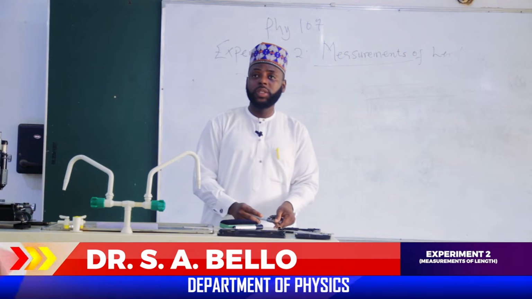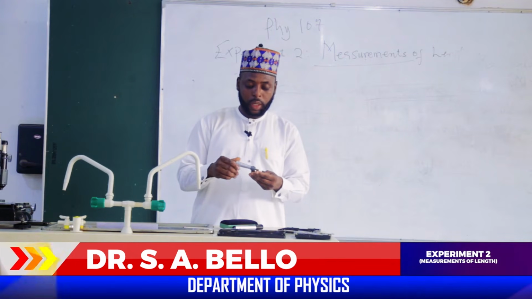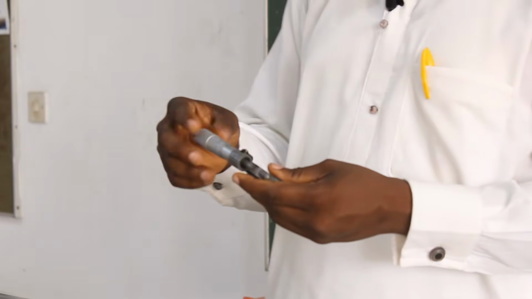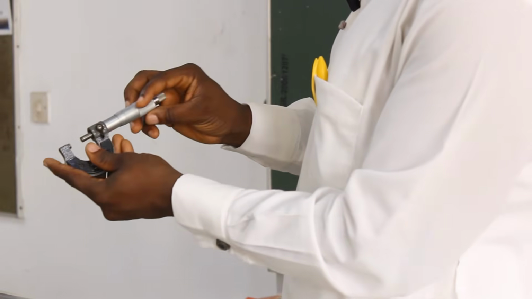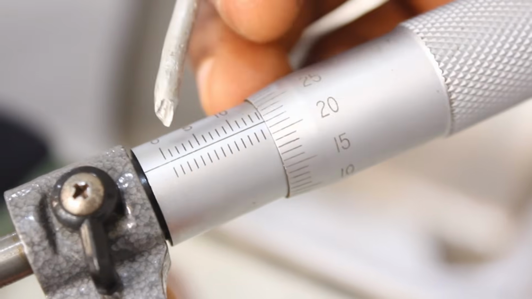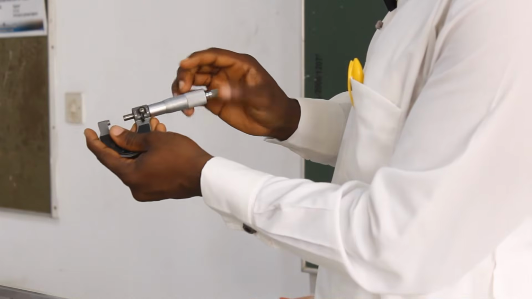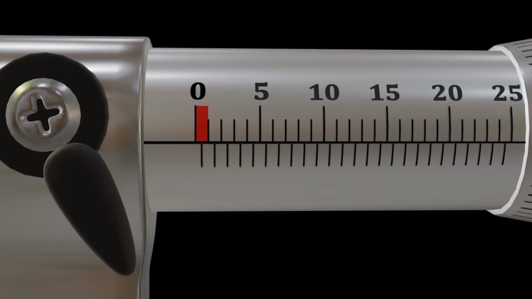Before we move on to taking the reading on the micrometer screw gauge, there are a couple of things we need to note. Number one, the main scale reading. The main scale reading is the division that is on the sleeve of the micrometer screw gauge. As you can see, these are numbers that range between 0 millimeter to 25 millimeter for this instrument.